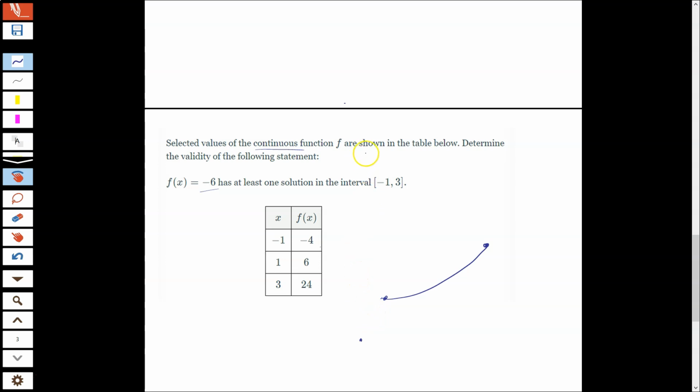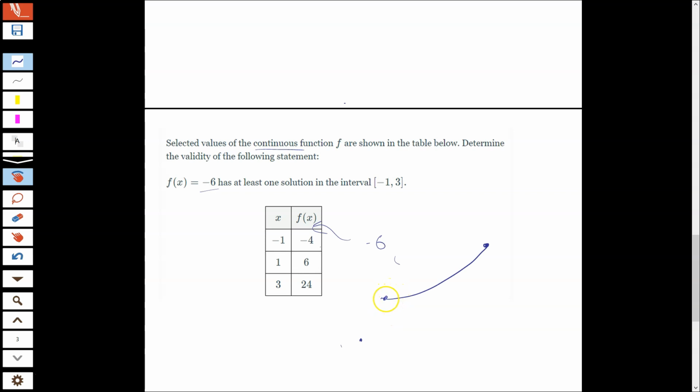So here, the intermediate value theorem applies, but -6 is outside the bound. So -6 would be, another way to think of it, here in the table probably. So this one would be not necessarily true or false. Okay, so not false because the function could easily do something different from how I drew it here. The function could easily start at the same spot, but then dip down and go back up. Right? So here we'd say either true or false.